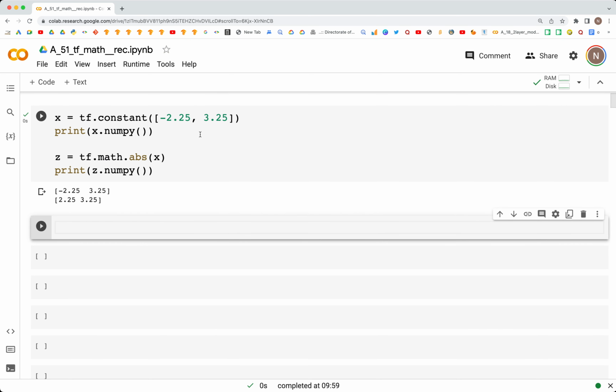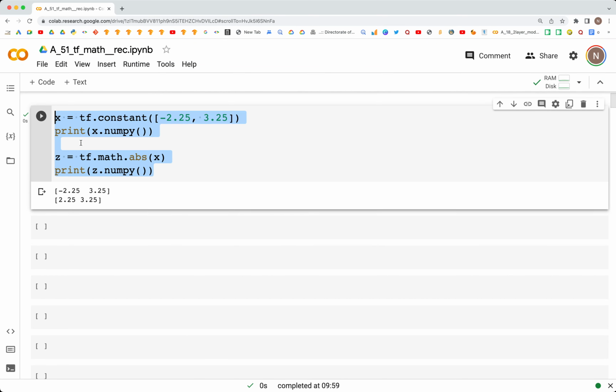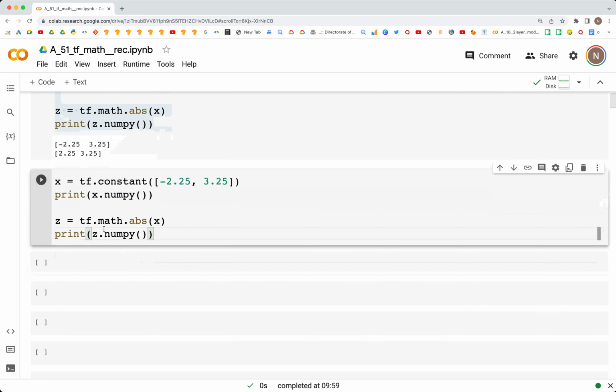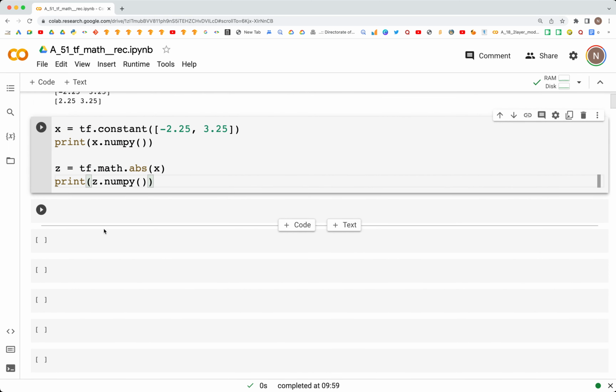Now, this was the case when we had the real numbers. If we have complex numbers, it would still work just fine. For these, we'll create a number.